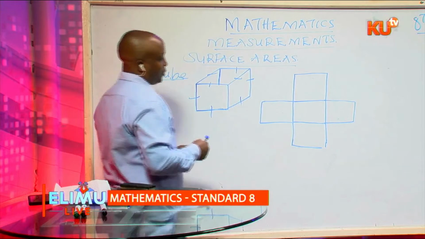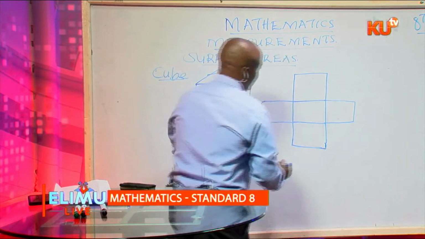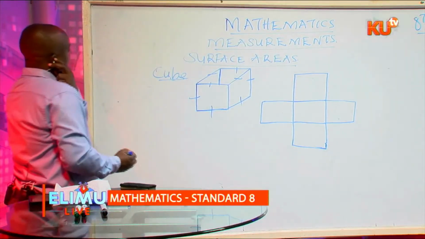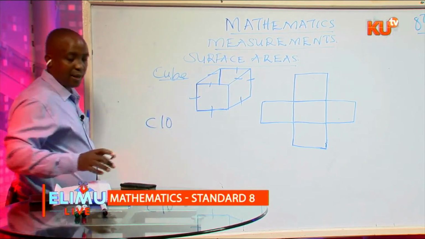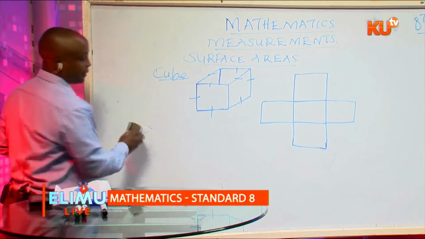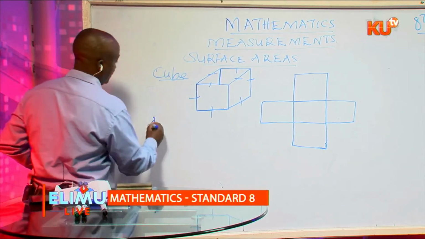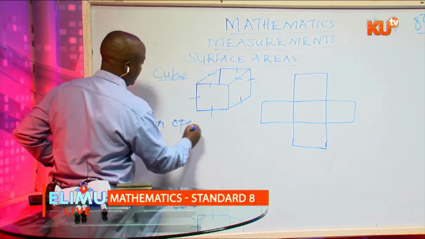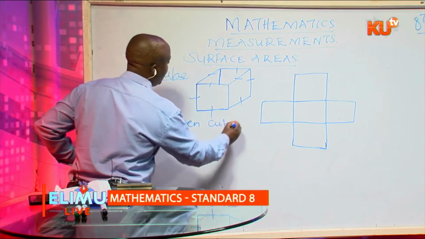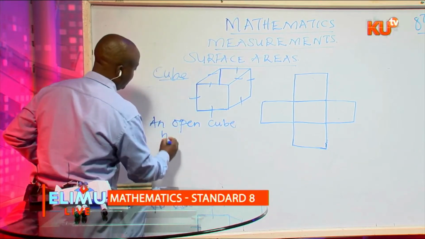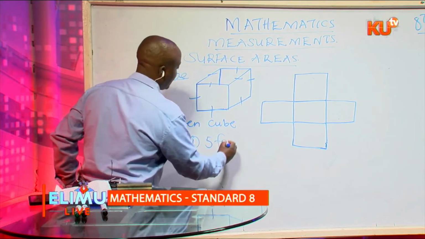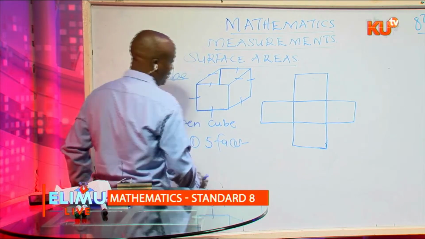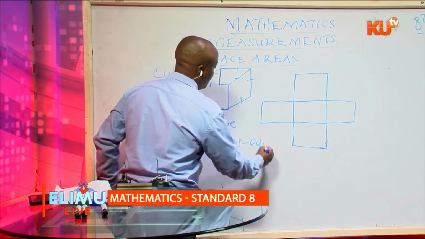So we have a net of an open cube, and this is what you'll notice about an open cube. Unlike the closed cube, an open cube has five faces, and all these faces are equal.